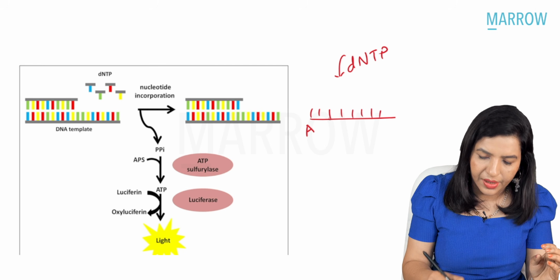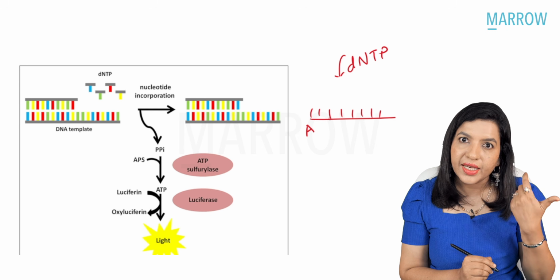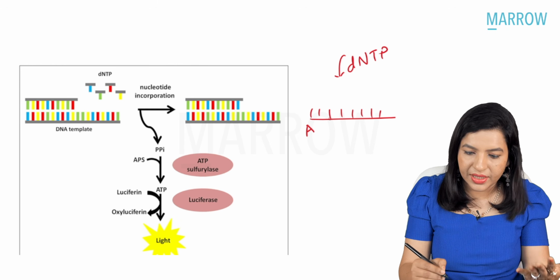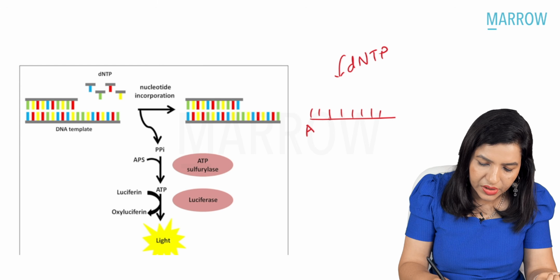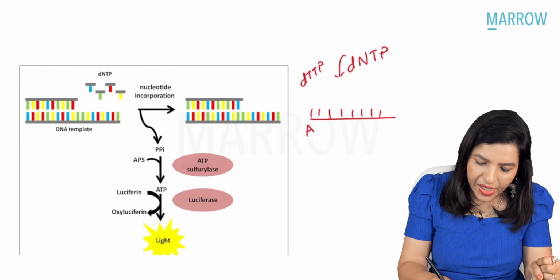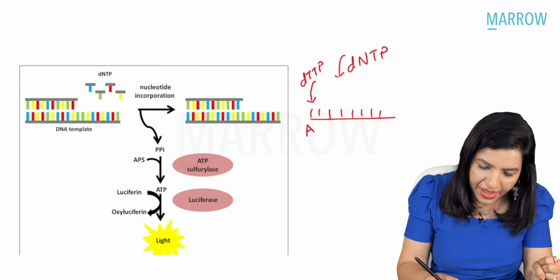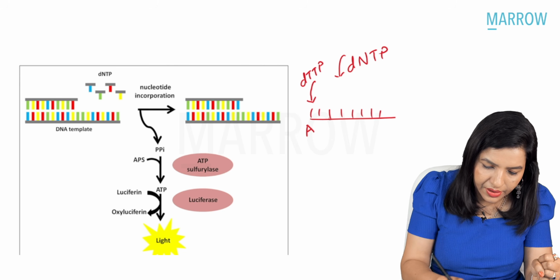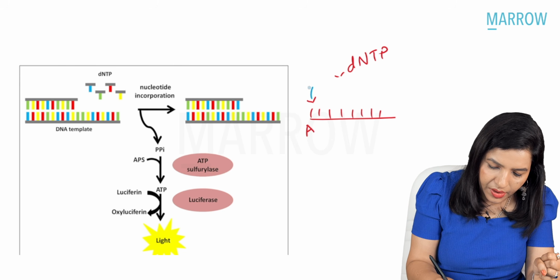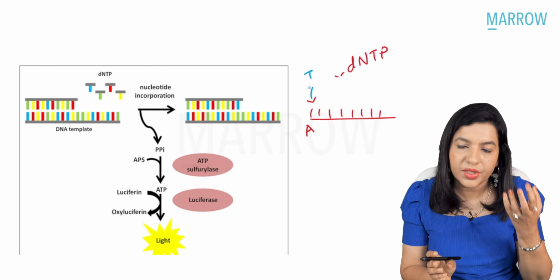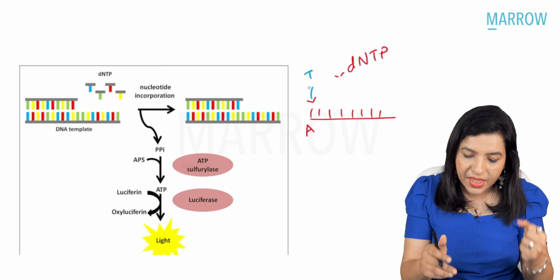Suppose this is A. We know that A can join with T, so it can definitely join with dTTP. So dTTP will come here and hybridize with this A, and the base containing thymine is joined here.